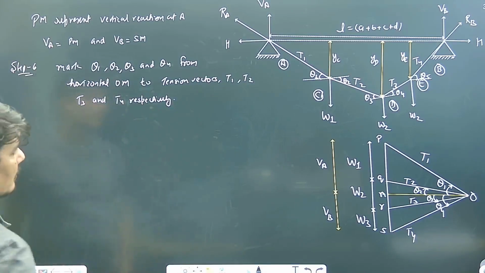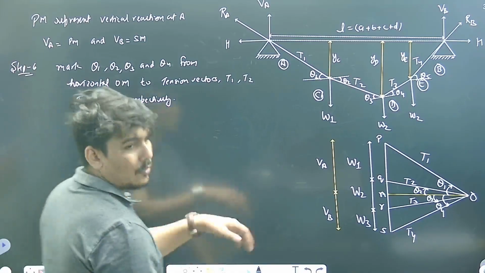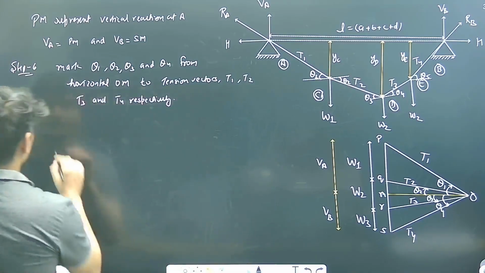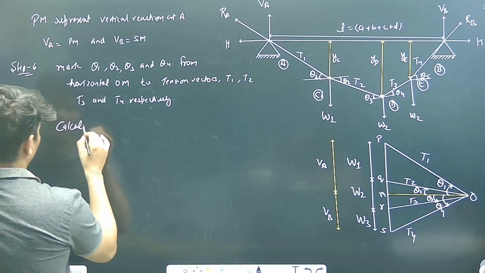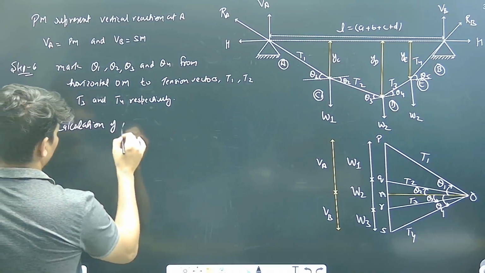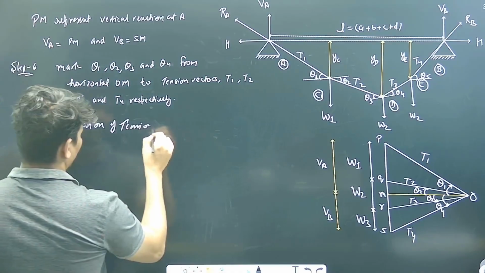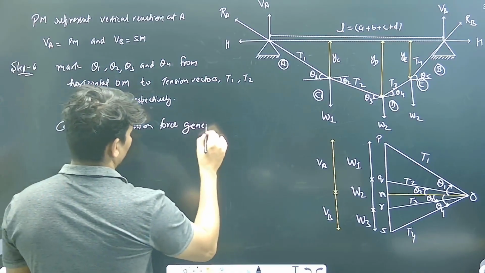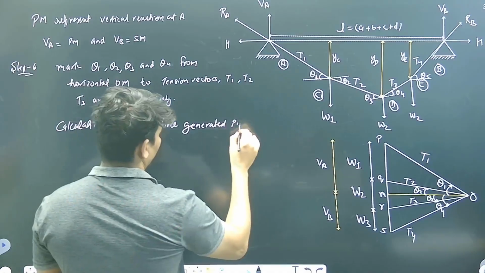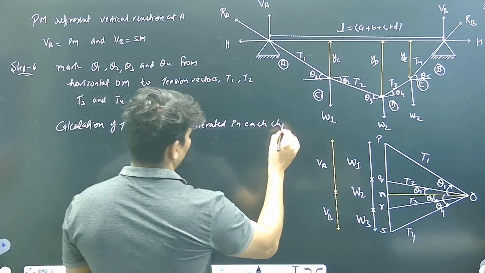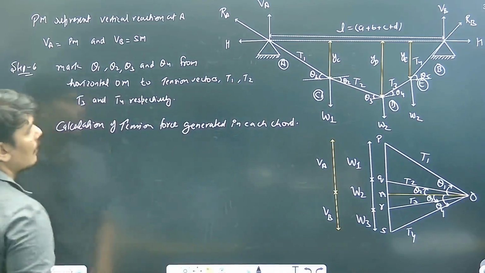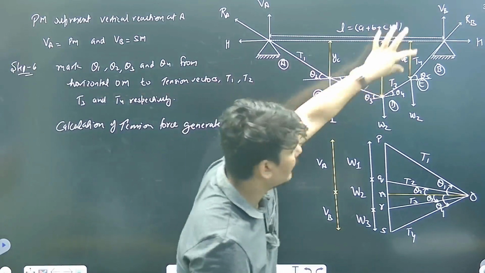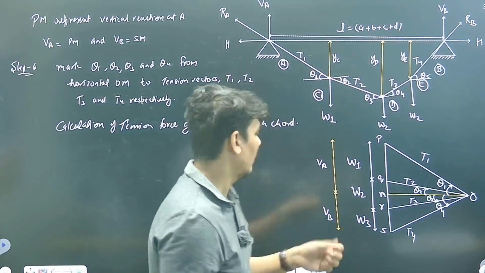Once you do this, how to calculate now the tension force? Calculation of tension force generated in each chord. So T1 कैसे निकला? T1, T2, T3, T4. How to find it from here?